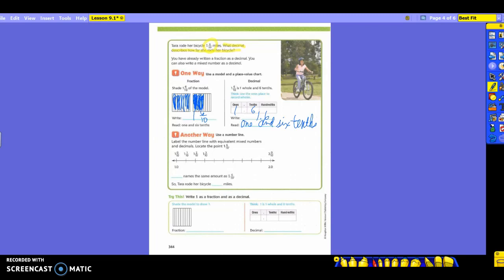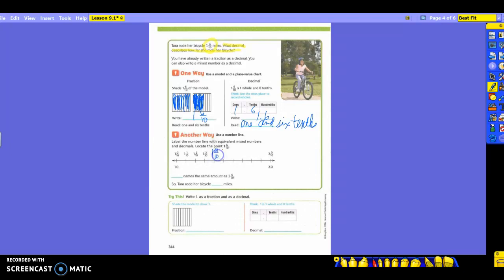Okay, think we can do this on a number line like we did the last one, even if we have holes? Yeah. Sure you can. Label the number line with equivalent mixed numbers and their decimals. Then we have to locate the point 1 and 6 tenths, so we will put a dot on that line. So again, what's on the top? The fraction. So they started with 1 and 0 tenths, 1 and 1 tenth, 1 and 2 tenths, 1 and 3 tenths. What are you going to write? 1 and 4 tenths.